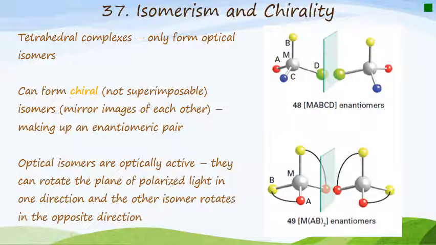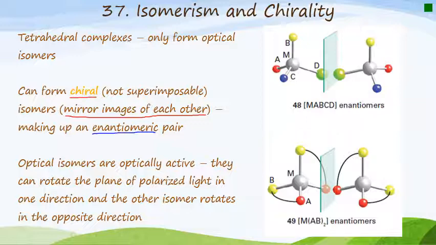So if we're talking about things that are chiral, it means that we have two possible molecules that have a mirror image, and these are said to make up something known as an enantiomeric pair. Optical isomers are optically active, and they can rotate the plane of polarized light in one direction, and the other isomer will rotate the plane of polarized light in the opposite direction.